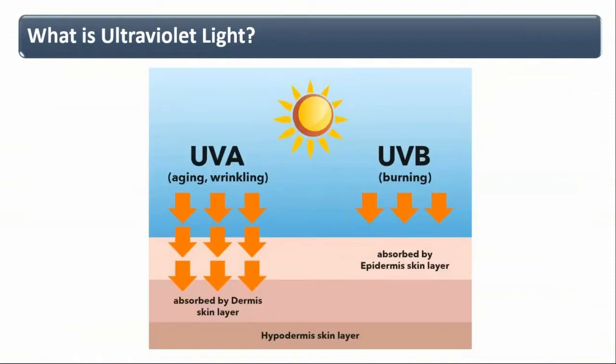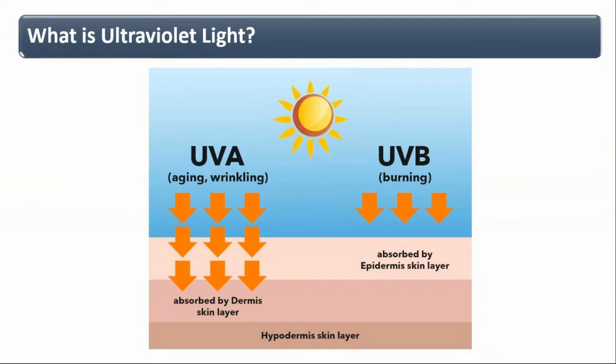Next slide, please. So most of the UV generated by the sun, UVC, doesn't actually reach us. It's UVA and UVB that reaches the Earth's surface, and most of that is the UVA. So it's UVA and UVB that are of main concern for aging and wrinkling and damaging our skin and causing sunburn, which is UVB.